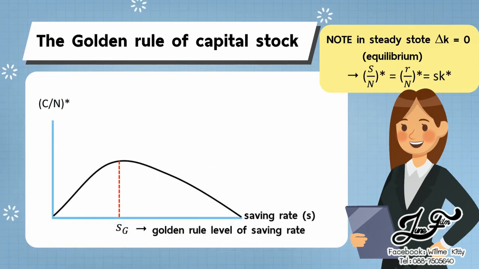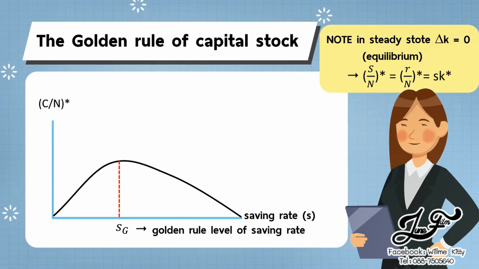Next, we will put it in per worker form by dividing all terms by N and adding a star to make it steady state. And in the steady state, saving equals investment and equals depreciation. So the final form of the equation is consumption per worker equals function of k star minus delta k star minus t over n.